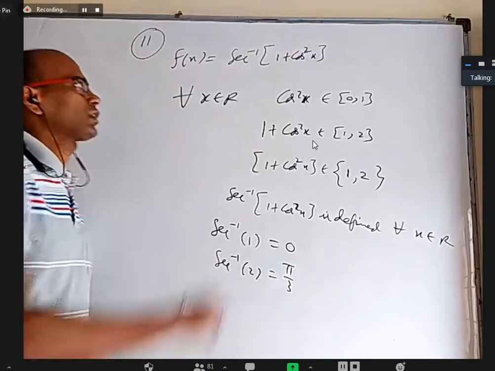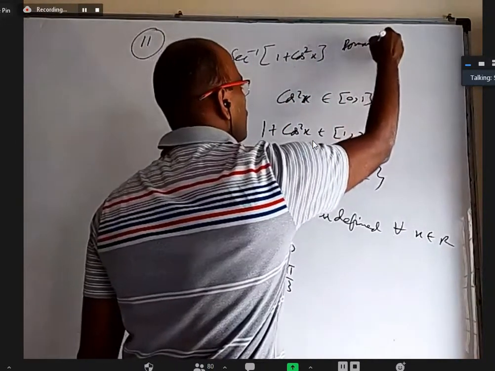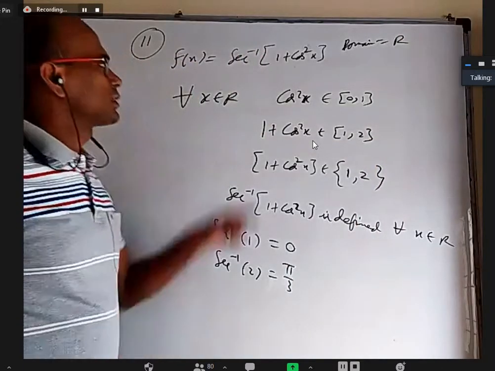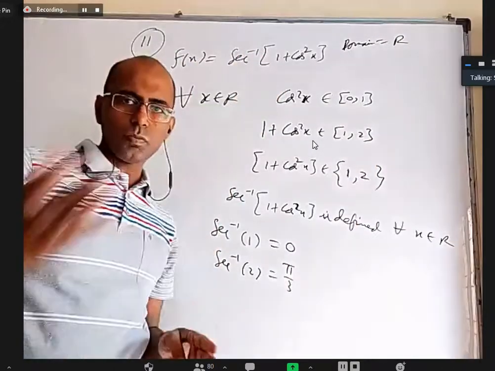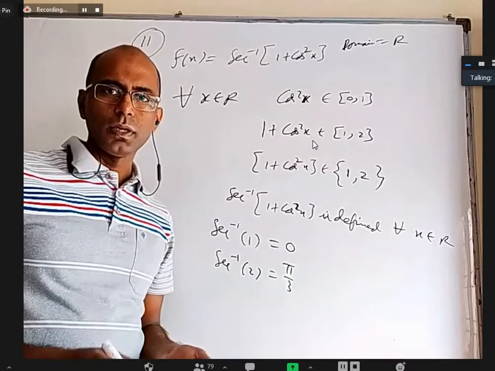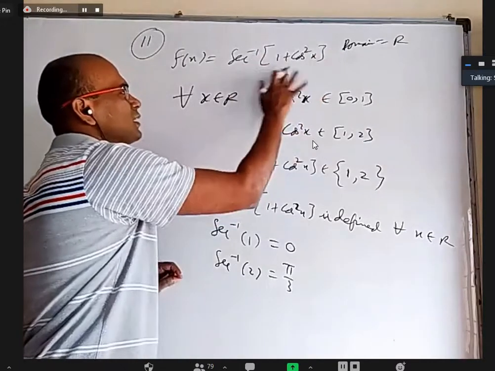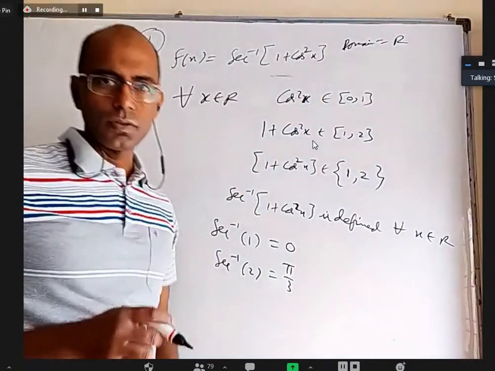So coming to this function now, domain is all real numbers, because secant inverse of any number greater than or equal to 1 or any number less than or equal to -1 is defined. But between -1 to 1 not defined. If this value lies in the open interval -1 to 1, it is not defined.